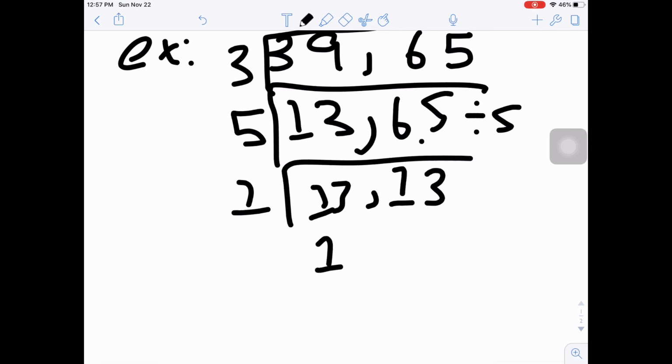Now you divide by 13, which is 1, and you get both numbers as 1. So we got the goal.